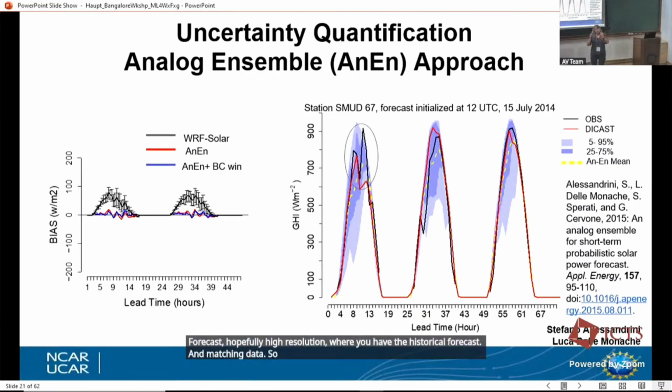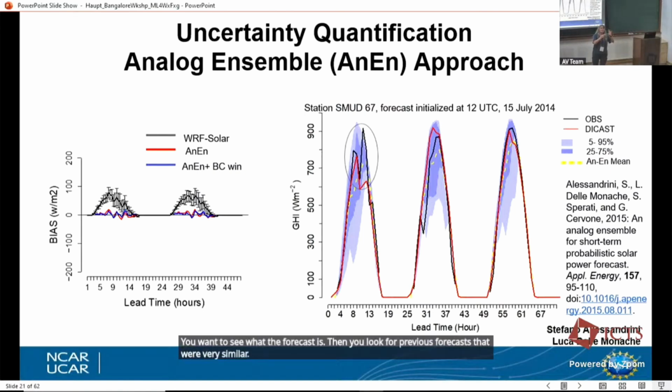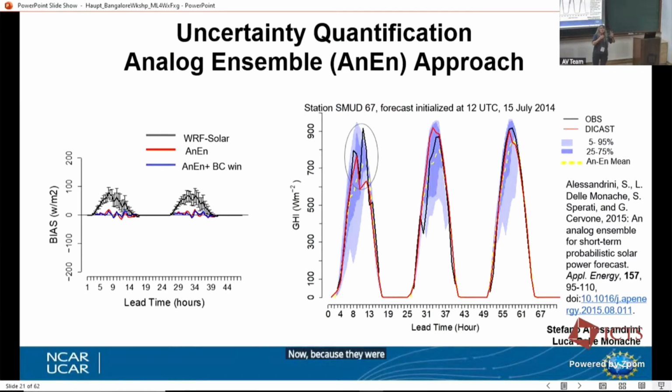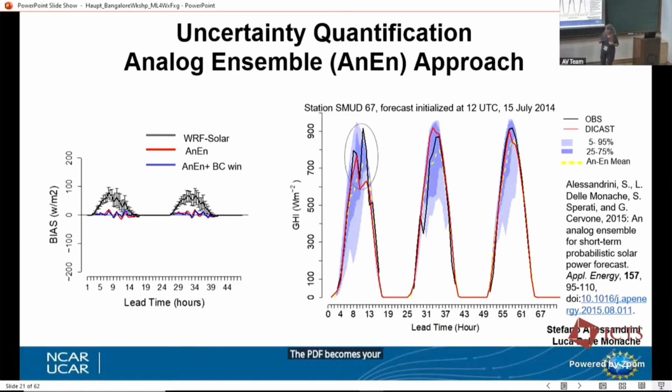So you look at the forecast for the lead time you care about. You want to see what the forecast is. Then you look for previous forecasts that were very similar. Now, because they were historical, you know what the verifying observations are. So those verifying observations become your ensemble, and the mean of the ensemble is your deterministic forecast. The PDF becomes your probabilistic forecast.